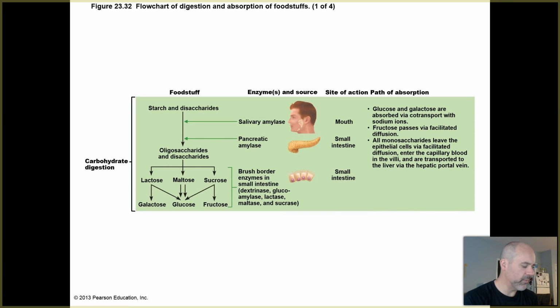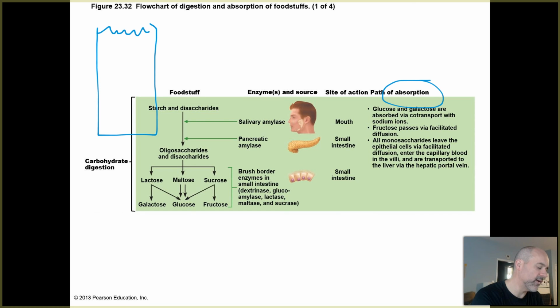All right, the flow chart here from your textbook is really just providing an overview in graphical form of what I was just talking about. Now, the last step that has to take place is absorption once you have those simple sugars. If you think about the cells lining the inside of the small intestine, you've got that brush border or microvilli up here.